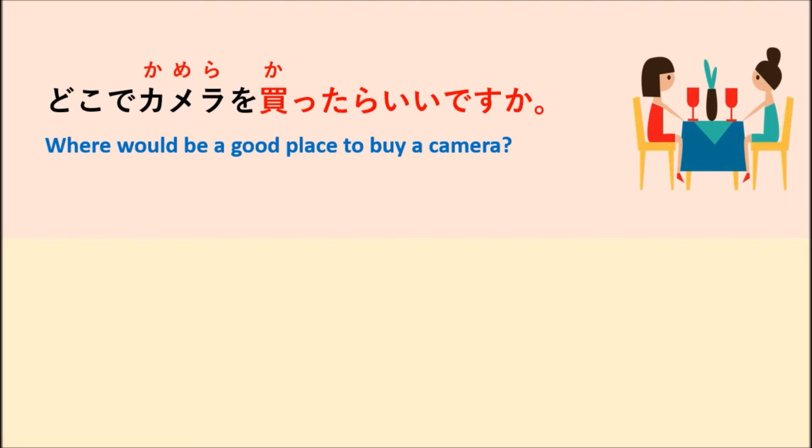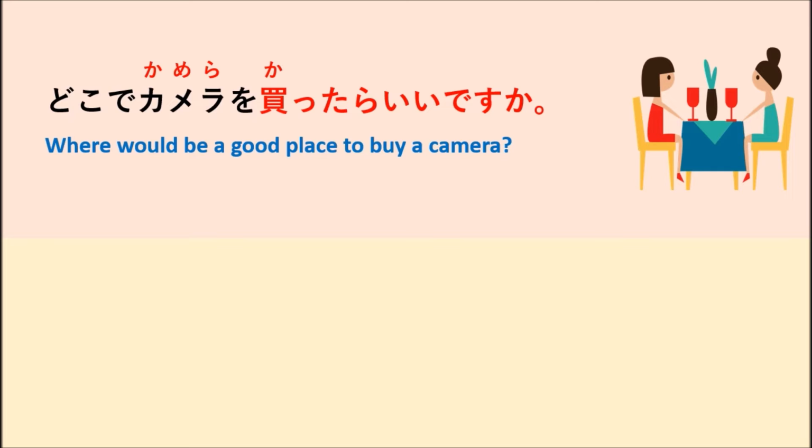So you can ask your friends, or anybody around you who knows about the price of cameras. In Japanese, when you want to ask somebody for advice, you can use tara ii desu ka.